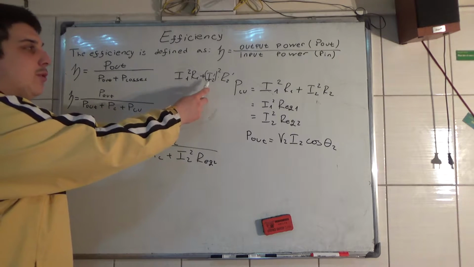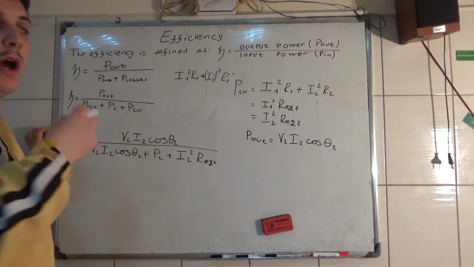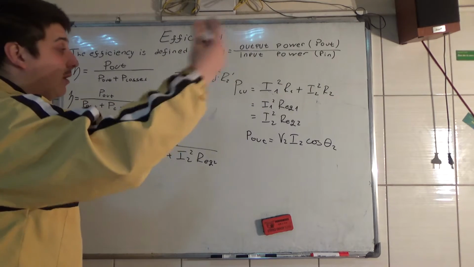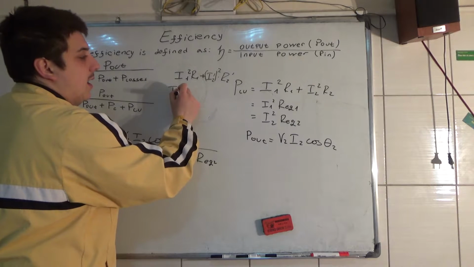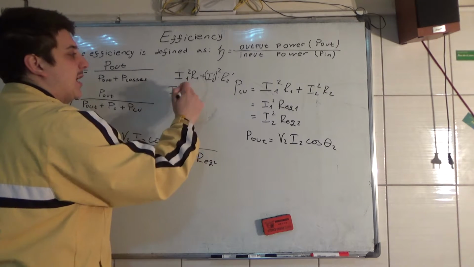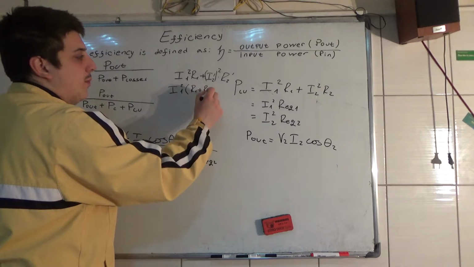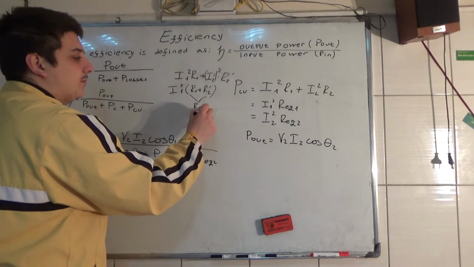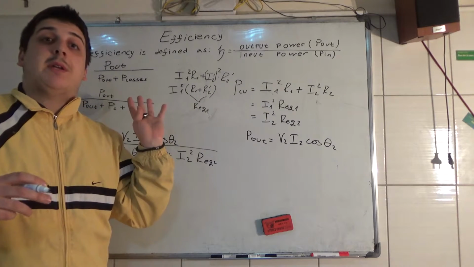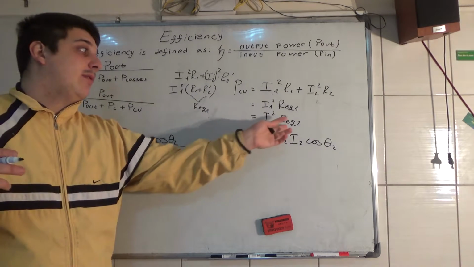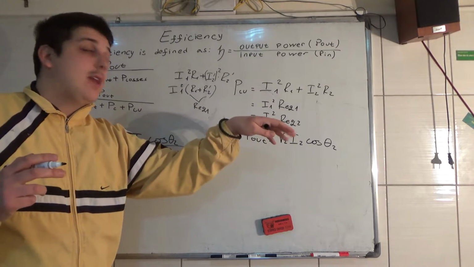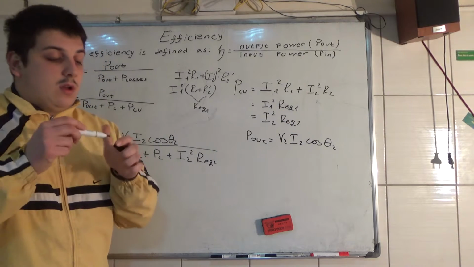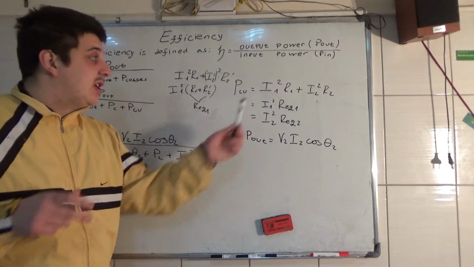I1 squared and I2 prime squared are the same value, so we get I1 squared in brackets R1 plus R2 prime, and this here is the equivalent resistance looking from the primary side, and this here is the equivalent resistance looking from the secondary side, which is what we are going to use: I2 squared times R equivalent 2. Okay, so this is the copper loss.